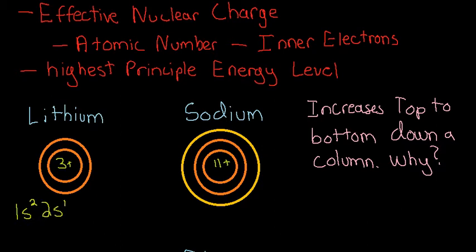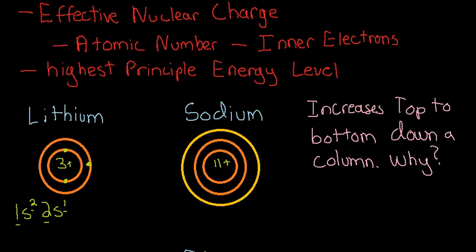Using the Bohr model, which we know is not correct but helps to simplify our understanding of things, we can see that within the n equals 1 energy level there are 2 electrons, and within the n equals 2 energy level there is 1 electron. So I'm going to go ahead and place these electrons in. So there's 1 there, 1 there, and maybe 1 there.